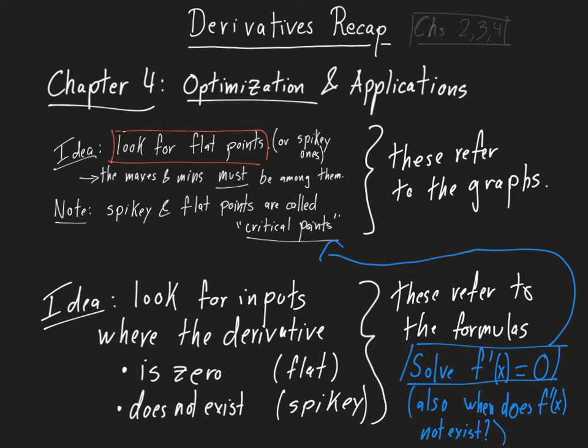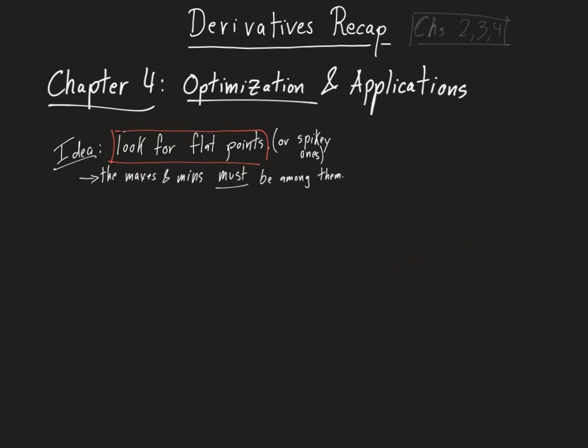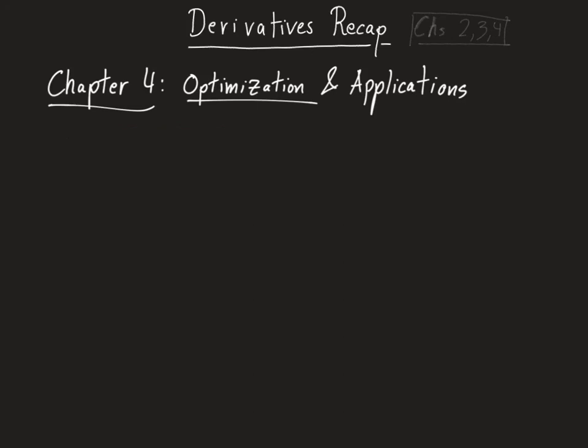Okay, there are a couple other ideas that are also discussed in this chapter. And this video is already dragging on pretty long, I don't have the time to go over all of them, but I do want to come back to our earlier discussion of the second derivative.